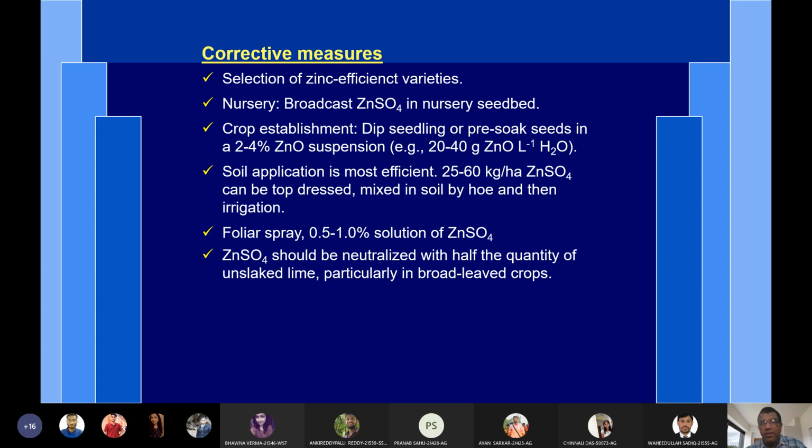Burning of leaves can happen due to formation of sulfuric acid, because it contains zinc and sulfate. This sulfate can make sulfuric acid, which will burn the leaves. So better to prepare a lime solution of half the quantity. Suppose your zinc sulfate solution is 0.5%, then you prepare a 0.25% solution of lime, mix both and apply.